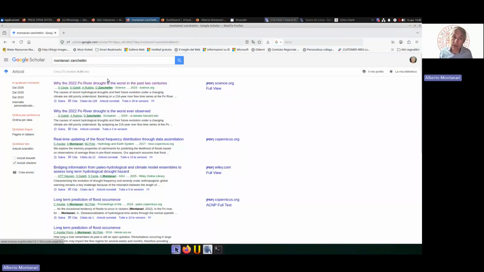And therefore, keep in mind that this number may be an overestimation of the citations that come from scientific papers, which are, in a way, the most relevant if you want to gauge the interest of the scientific community. The most relevant indicator is the number of citations that come from scientific peer-reviewed papers.